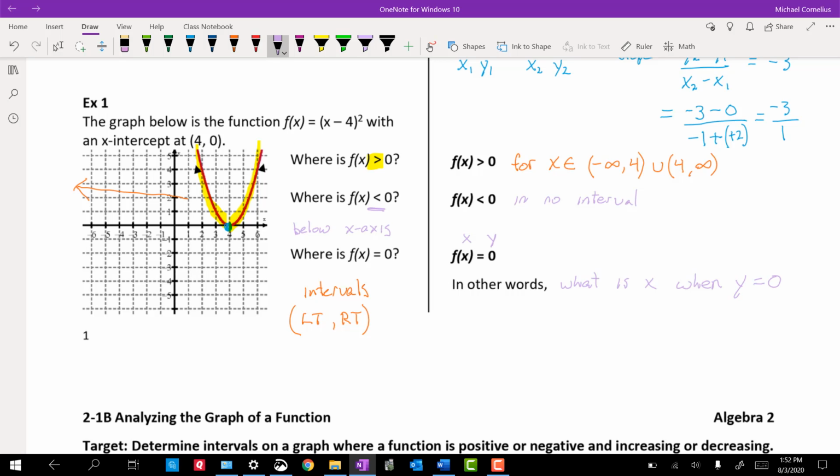If I go over to my graph here, I go to this point that I already highlighted. If you look at that coordinate, 4, 0, sorry if that one's a little bit light there, basically we've got the point 4, 0. So that means that x is equal to 4.